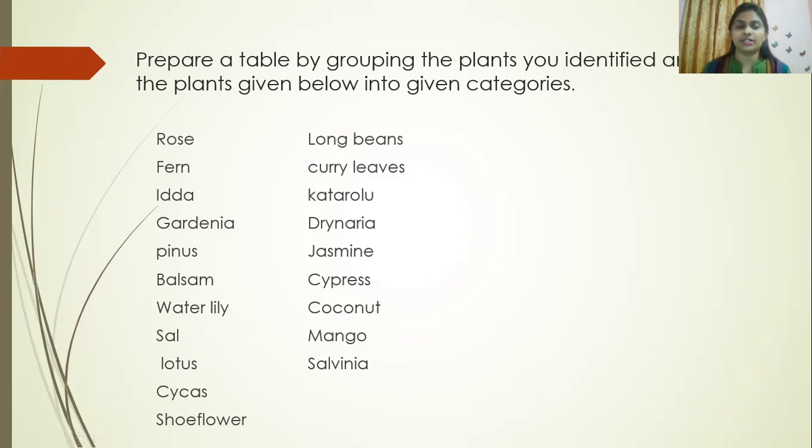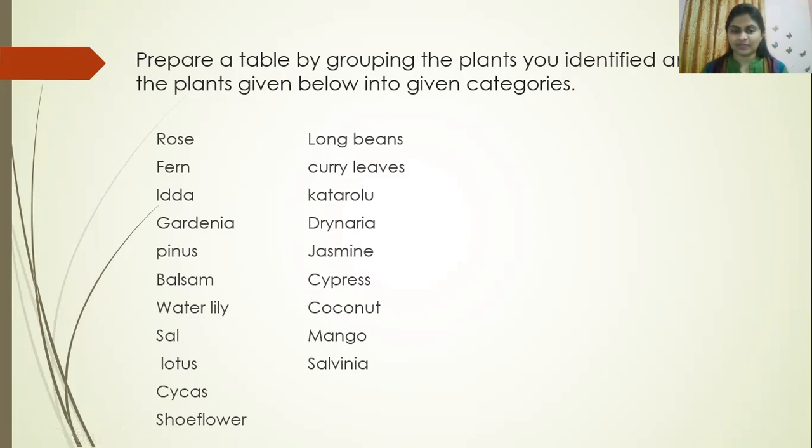Rose, fern, idder, gardenia, pinus, balsam, water lily, sal, lotus, ficus, shoe flower, long beans, curry leaves, katarolu, drinaria, jasmine, cypress, coconut, mango, and salvinia.